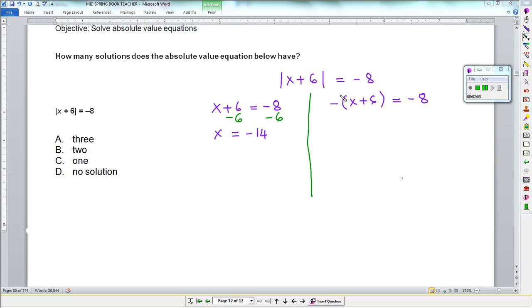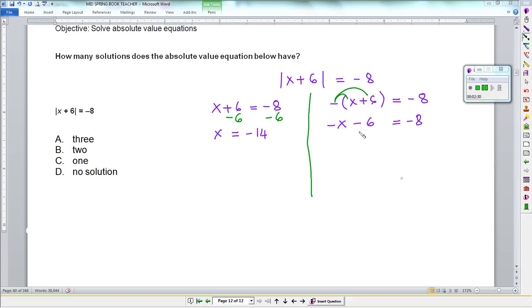Now let's move on to the negative side. First step, we have to distribute negative 1. That gives us negative x, and distributing negative 1 to positive 6 gives us minus 6 equals negative 8.